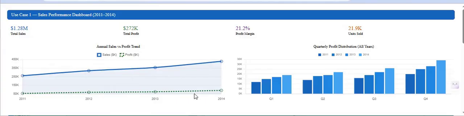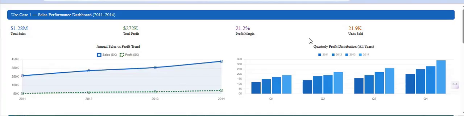Why? Because we have a profit margin of only 21% of the sales. So even though we are selling more, costs are also rising. The gap between these two lines is your cost problem. A smart analyst would say sales are growing, but we need to control cost to grow profit faster. Are you able to interpret this particular line chart?